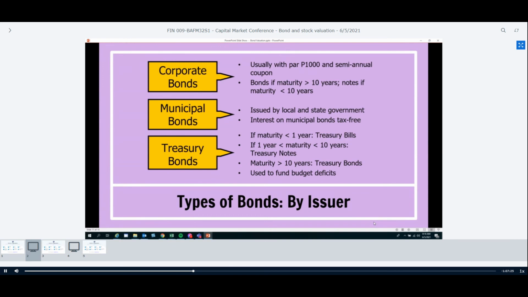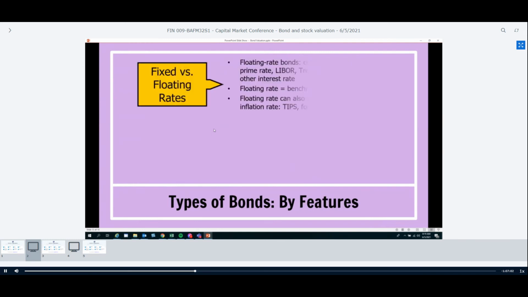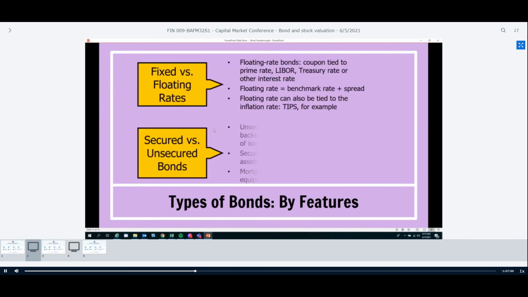If it's greater than 10 years, we call it treasury bonds. And treasury bonds, di ba, we say the payment is guaranteed because it's the government who issues it. It's used to fund budget deficits. Okay. So types of bonds by features naman.